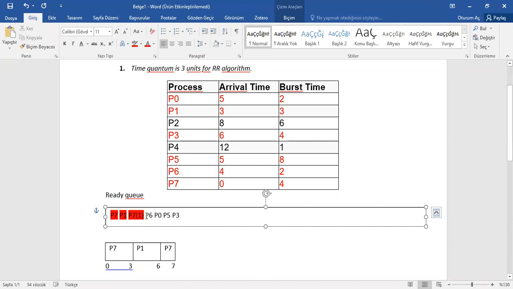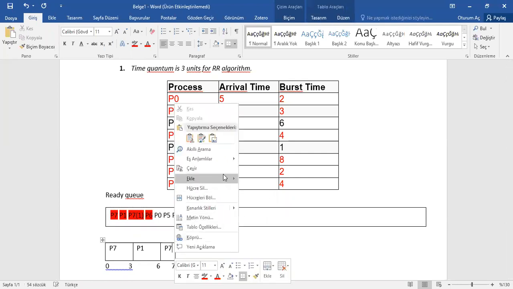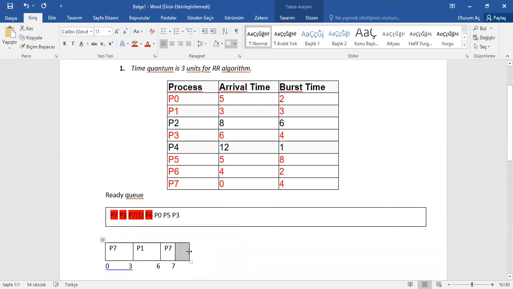So I can execute process 6. The execution time of process 6 is 2 nanoseconds. So I will execute process 6 for 2 nanoseconds. Okay, process 6.